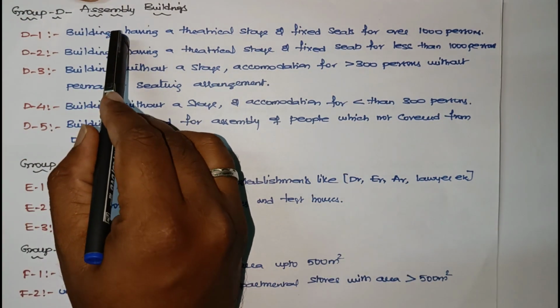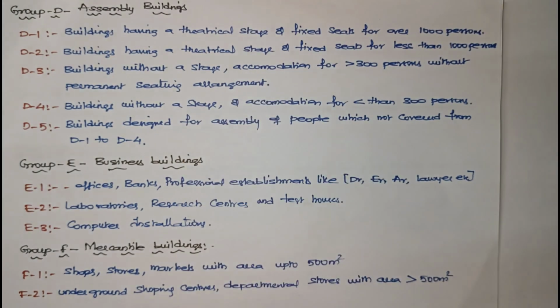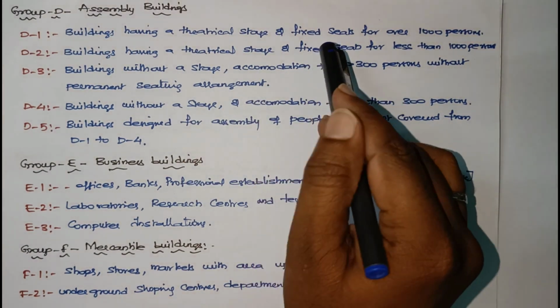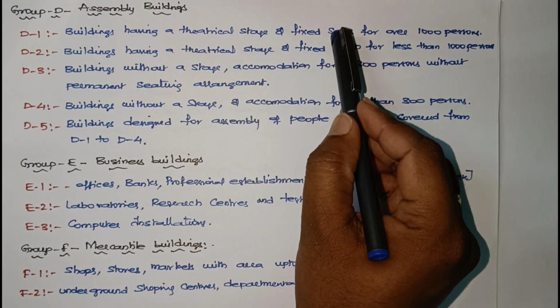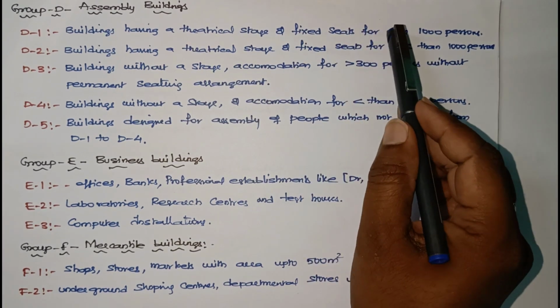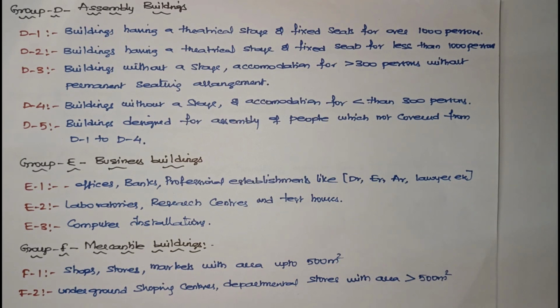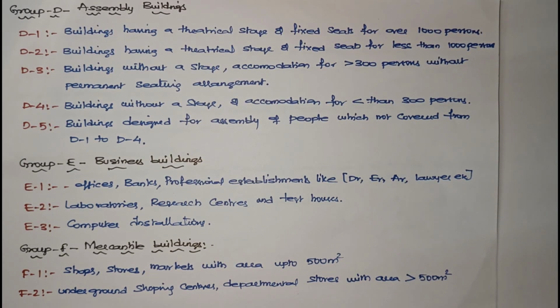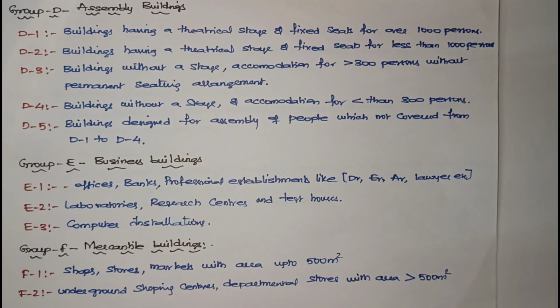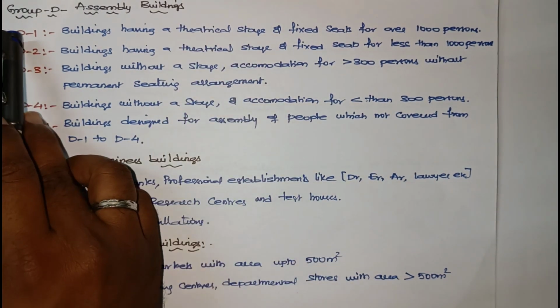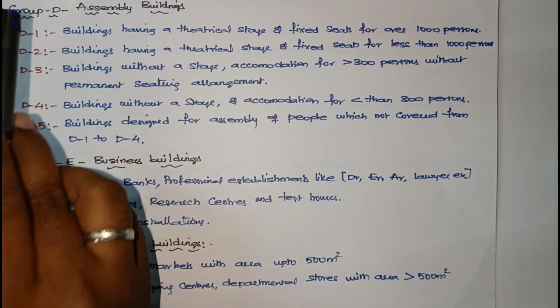Now, if the building has a theatrical stage, means a theater is there, and fixed seats, non-movable seats, and for over 1,000 persons, meaning accommodation is more than 1,000 persons, and the chairs are non-removable, and a theatrical stage is there, that comes under group D1.